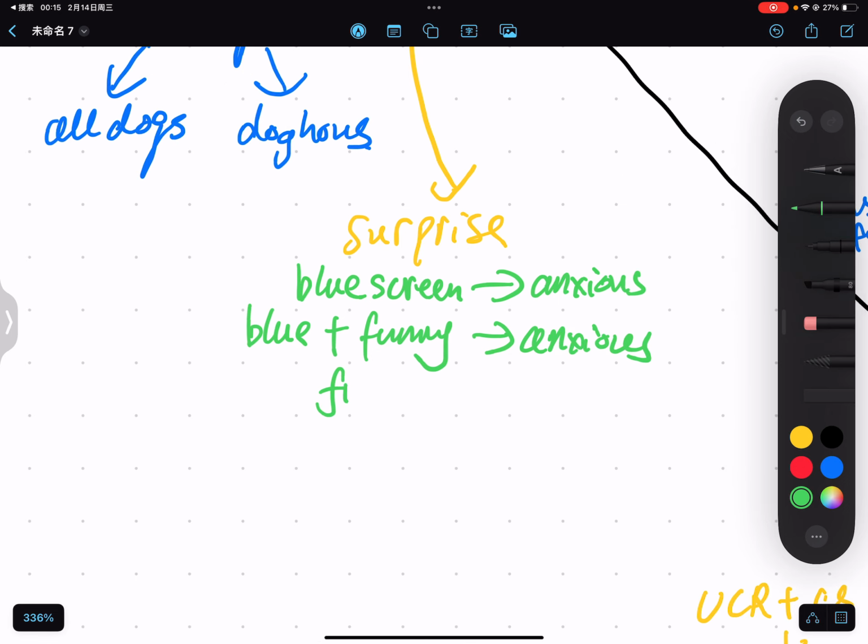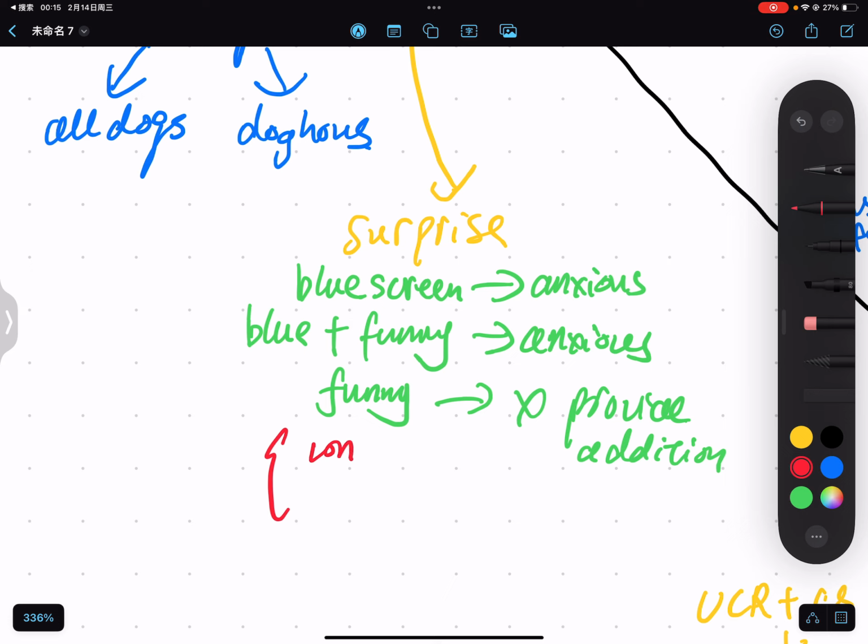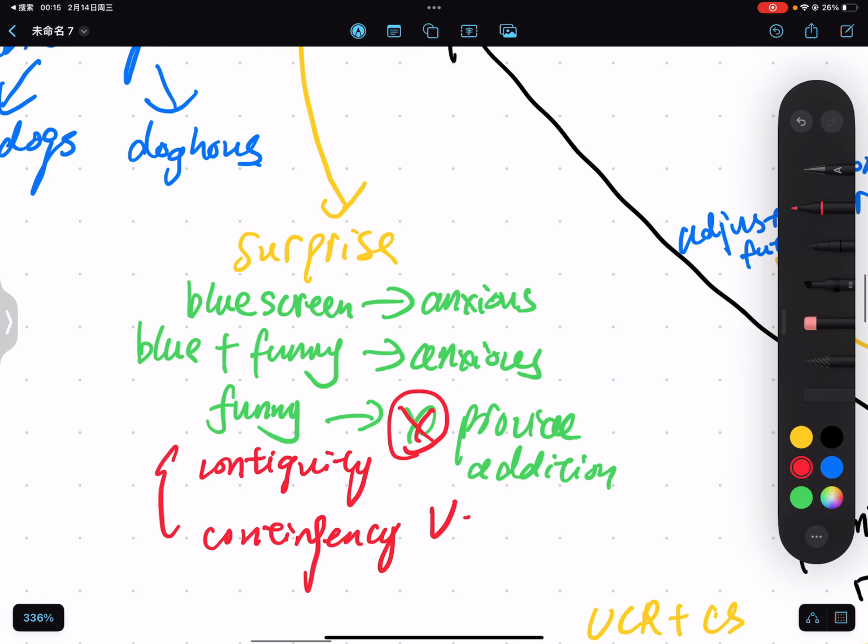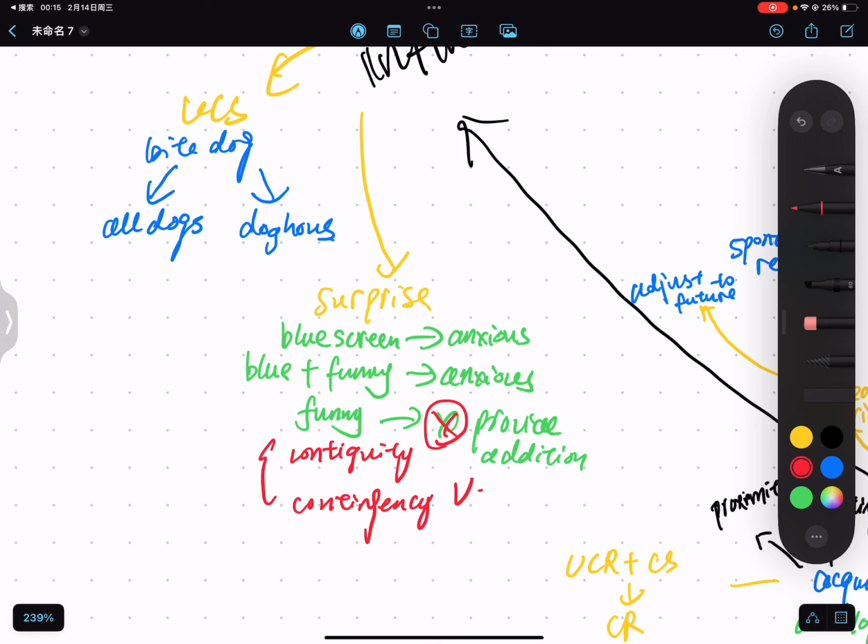And the next time the funny sound appears separately, and you are not bothered to learn much new signal because this does not provide any additional information, right? So in this way, although contiguity and contingency are both present, learning still cannot happen. So this does not provide any useful information.